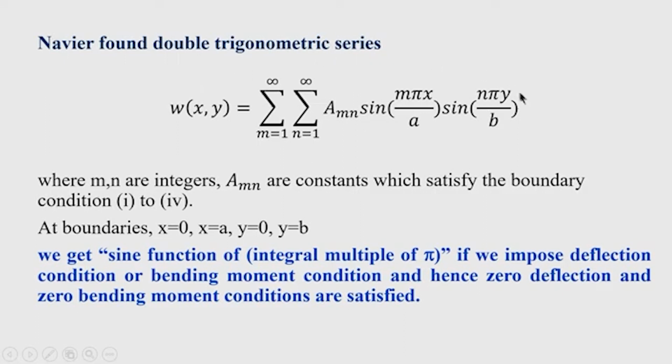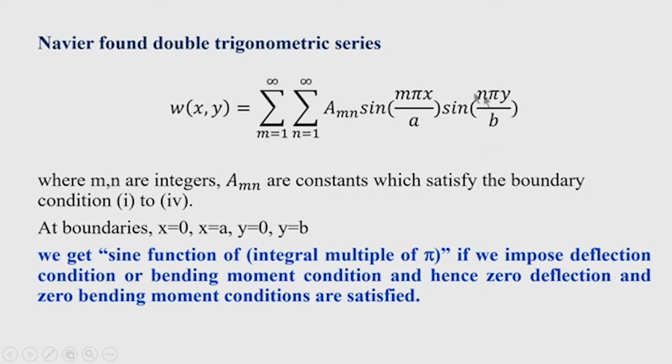So, in this equation you can see w is equal to the double sum of A m n sin m pi x by a sin n pi y by b, where m and n are integers and this is an infinite series. So, the summation index m varies from 1 to infinity, similarly n varies from 1 to infinity.